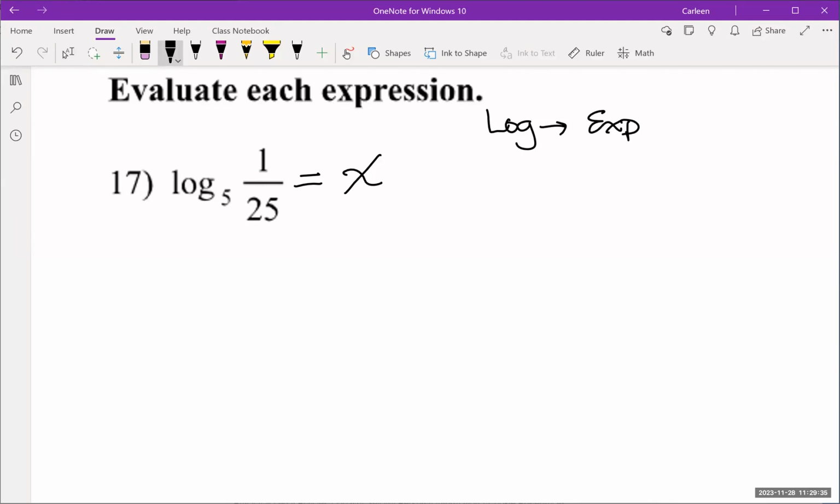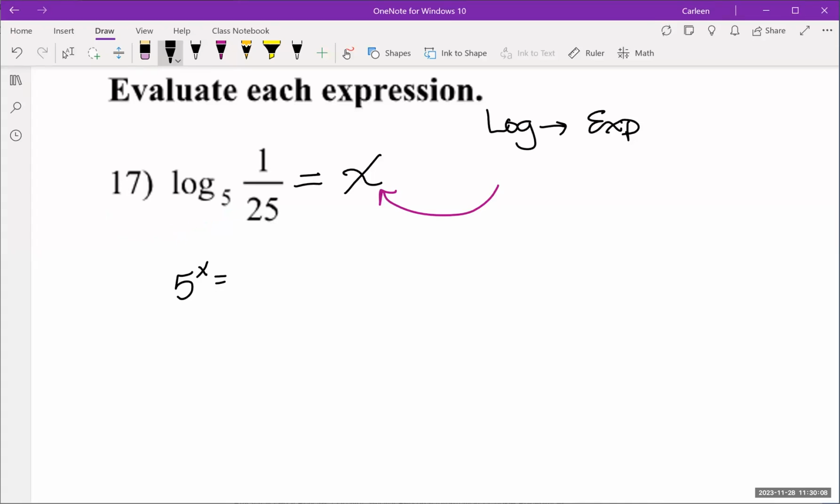What is the base? Right there? Yeah, 5. What is the exponent? Yeah, over there.